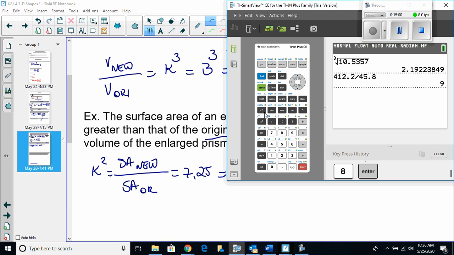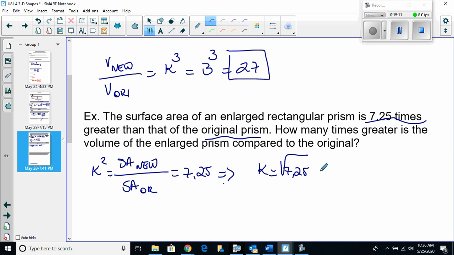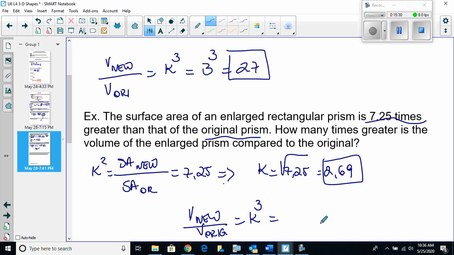and in your calculator you find that the square root of 7.25 is 2.69. Now, in order to find the volume, again, volume of new over volume of the original is equal to k to the power of 3.